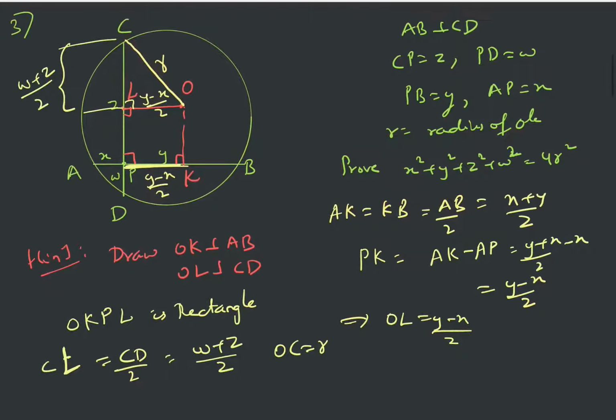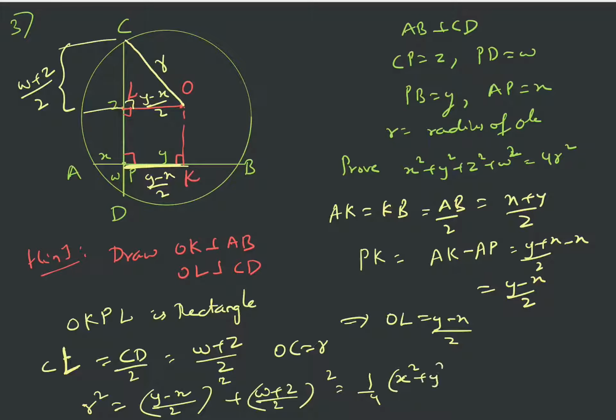Yes, so if you use the Pythagoras theorem, you can clearly say that R square is equal to ((Y minus X) over 2) whole square plus ((W plus Z) over 2) whole square. So this is 1/4 of X square plus Y square plus Z square plus W square minus 2XY plus 2WZ.